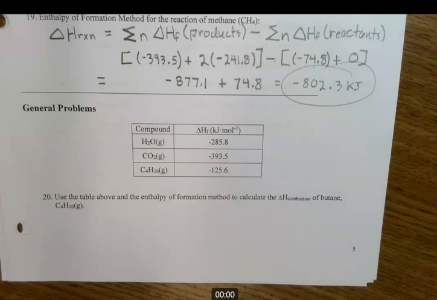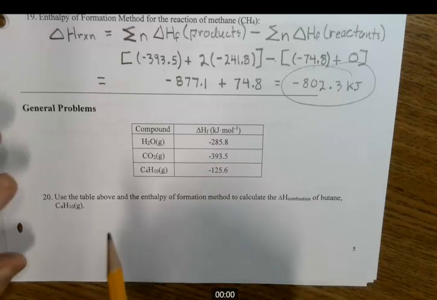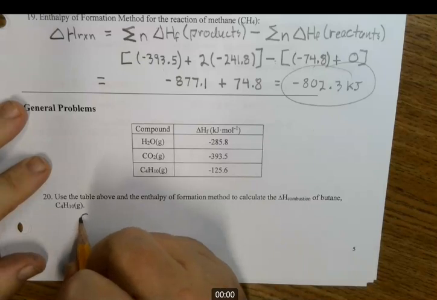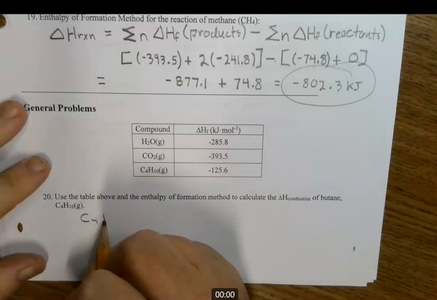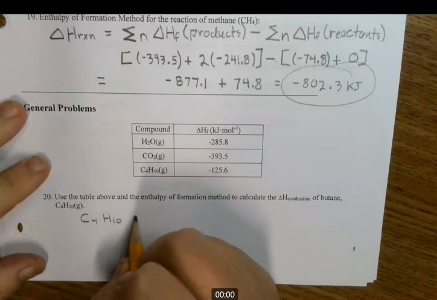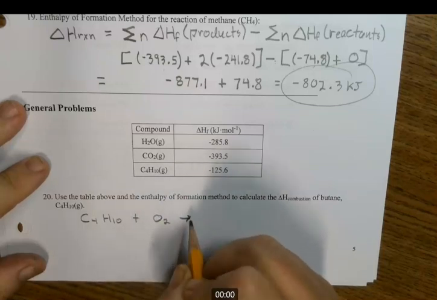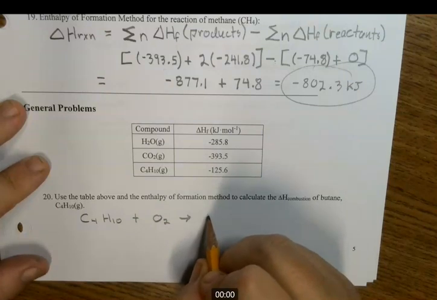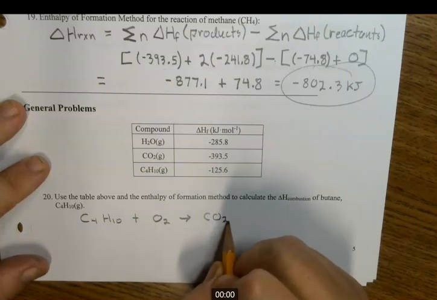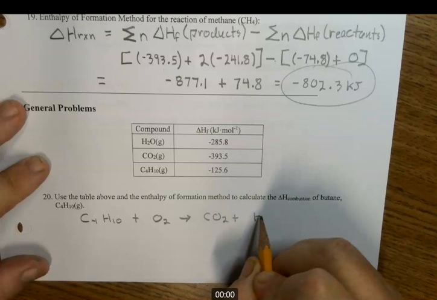Okay, so now we're going to do the same thing for butane. That's the kind of gas that was in the lighters that you were lighting the other day back in the lab. And so what we're going to do is write a balanced chemical reaction first. So this is a combustion reaction, so it's C4H10 plus O2, and that's going to give us CO2 plus H2O.